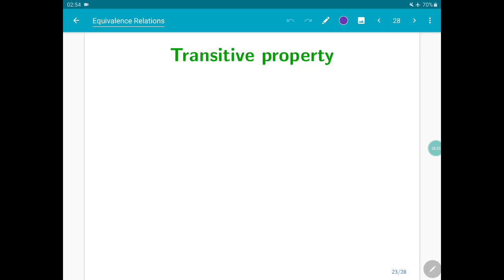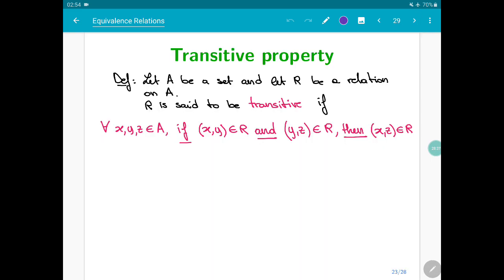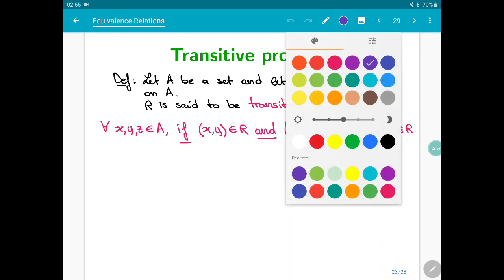Let's go now to the transitive property. Again, here is what we learned before. A relation is transitive if for every x, y, z such that xy is in R and yz is in R, then we want also that xz is in R. Okay? So let's consider the following example.